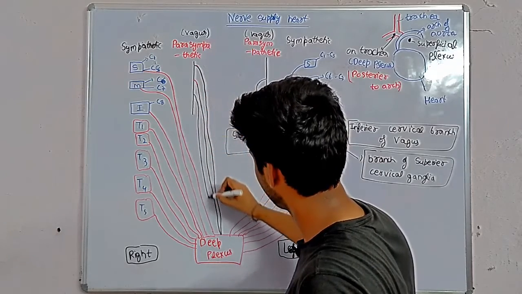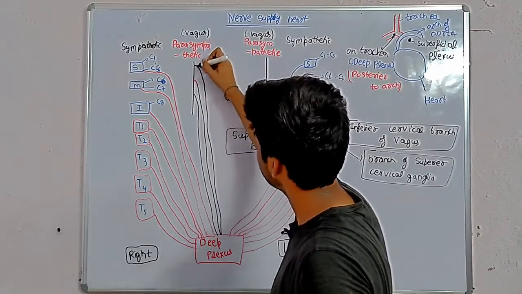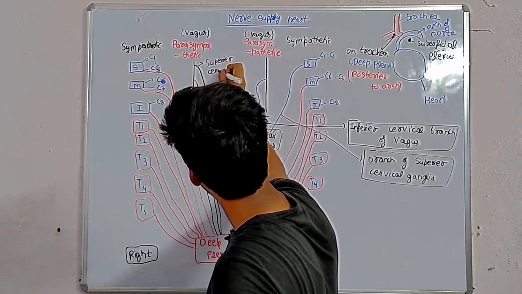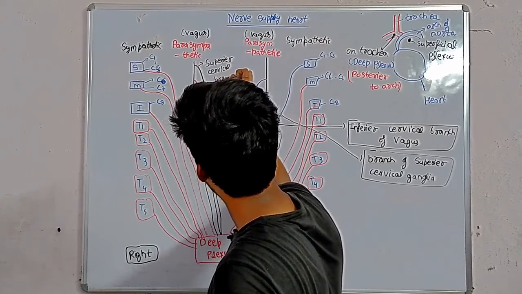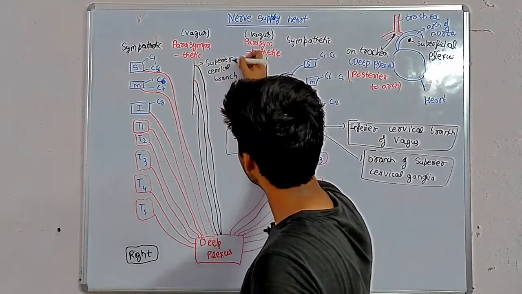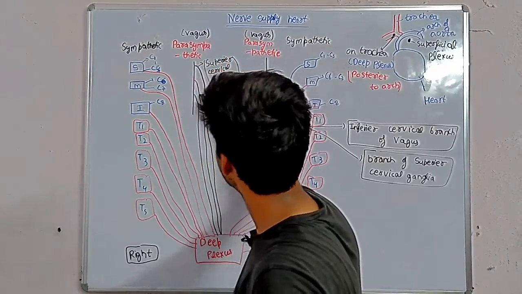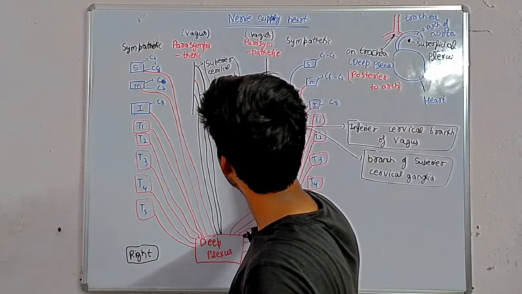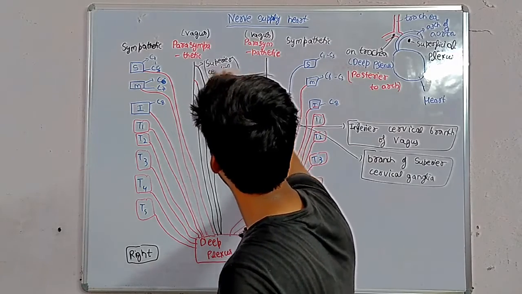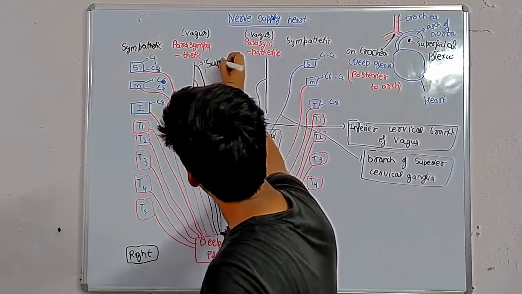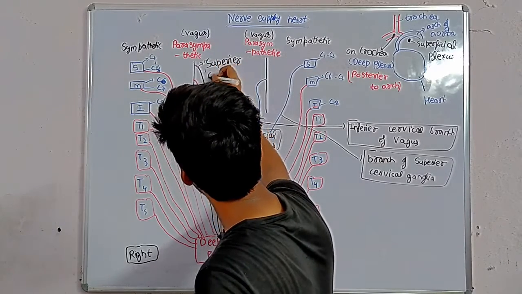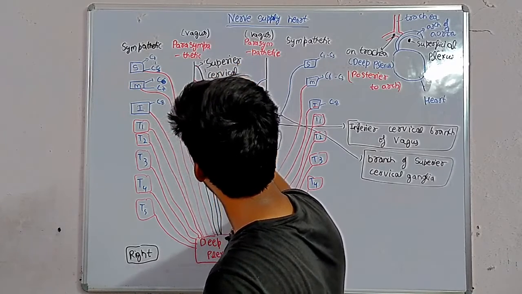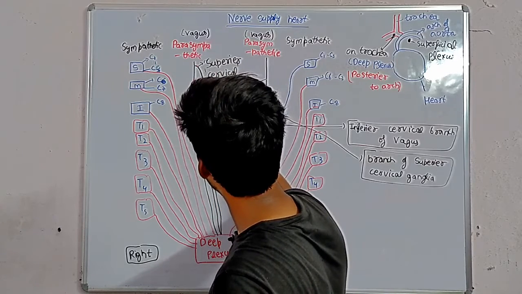One is the superior cervical branch of the vagus nerve, and another is the inferior cervical branch.